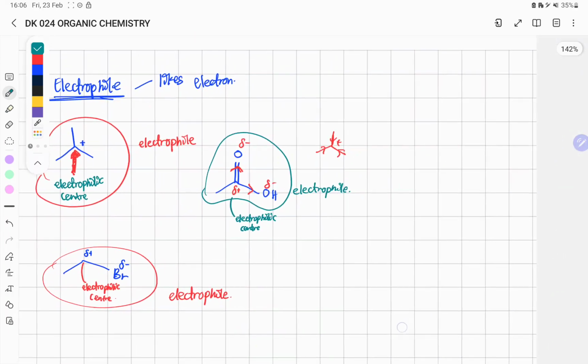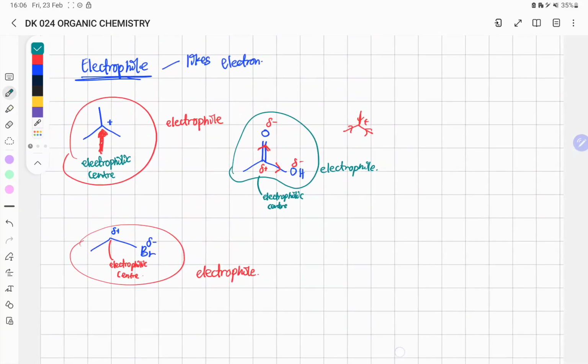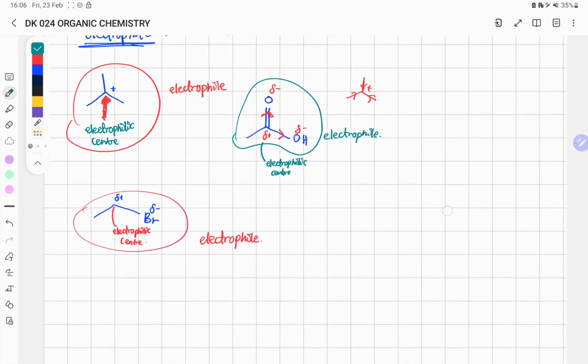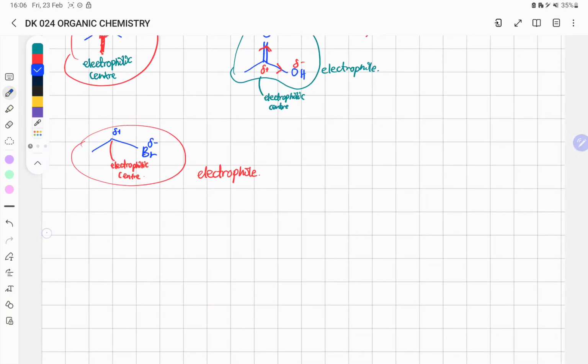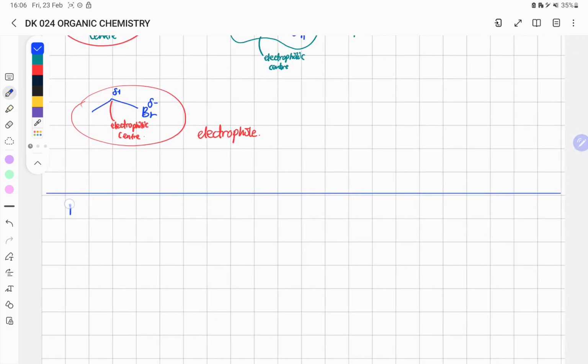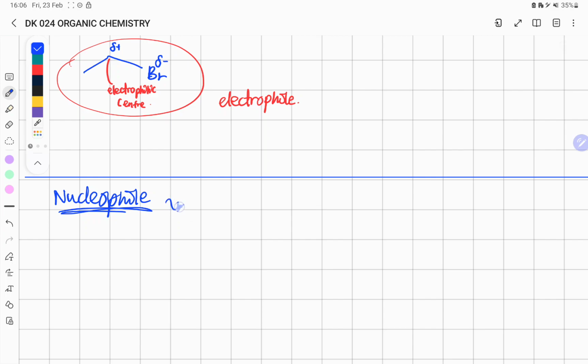Okay, alright. So this is electrophile. Now kita tengok the opposite of electrophile pula, which is a nucleophile. Okay. So nucleophile by definition dia suka nucleus, likes nucleus.